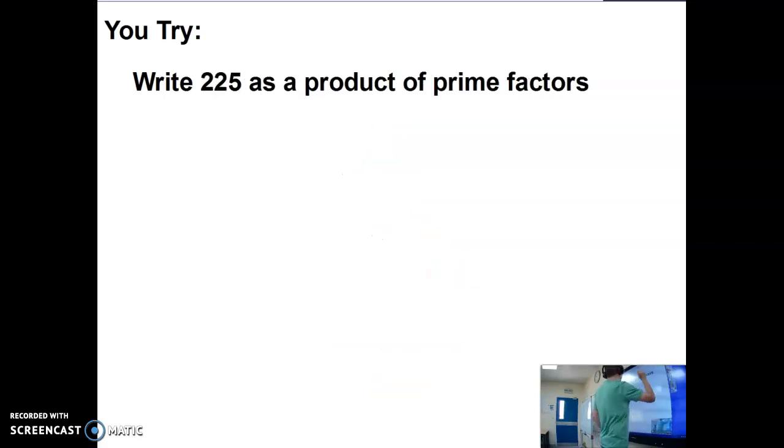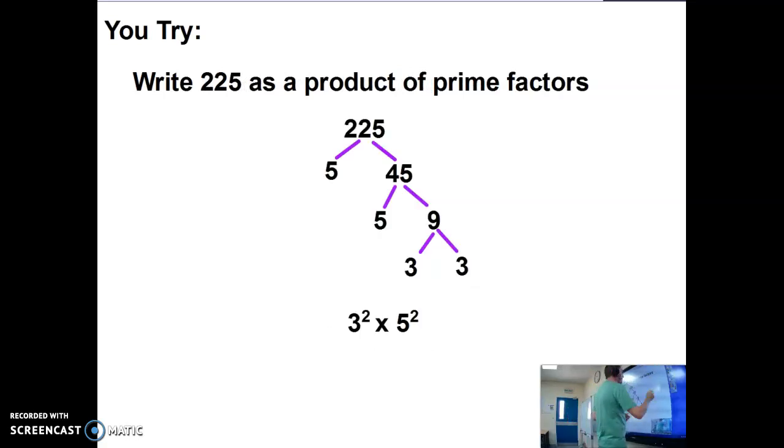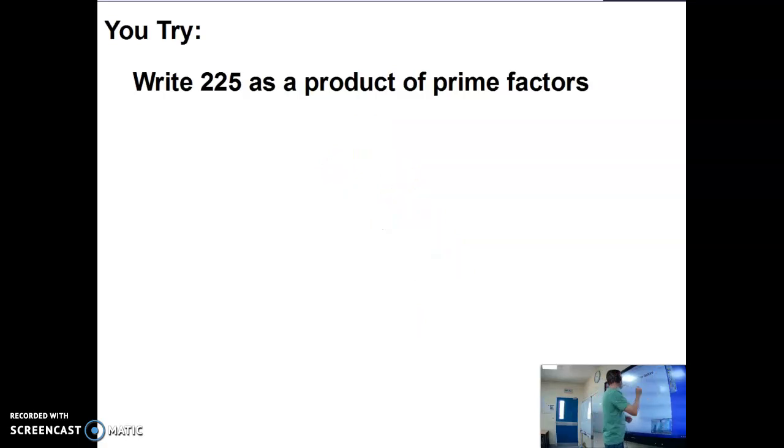And here's another one, slightly trickier perhaps, 225. The reason I think this one is slightly trickier is because that first step, 5 times 45, is not an easy one. If I look at the number 225, it ends in a 5, so I know it divides by 5.